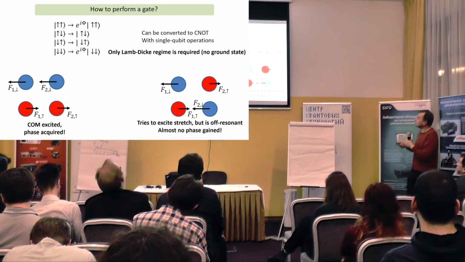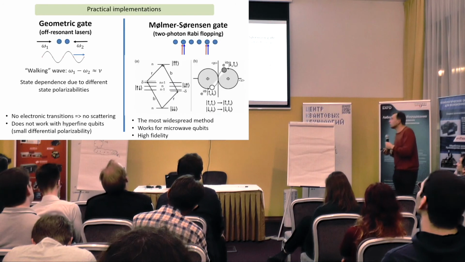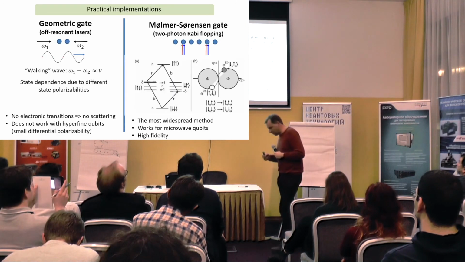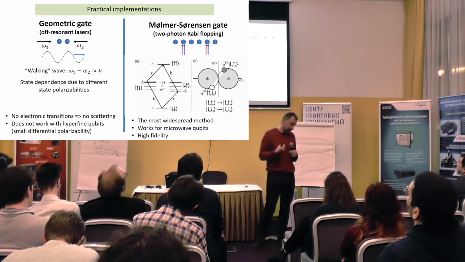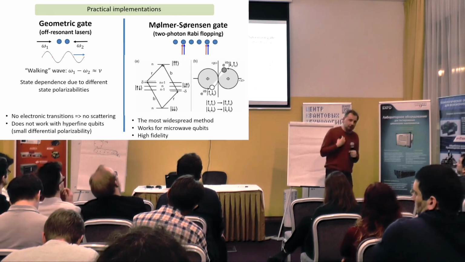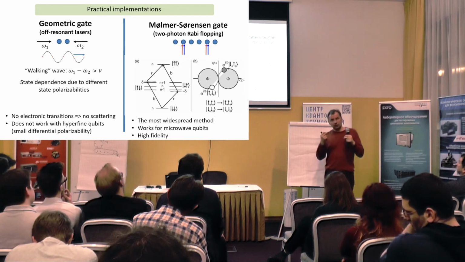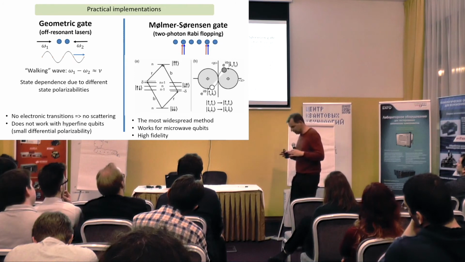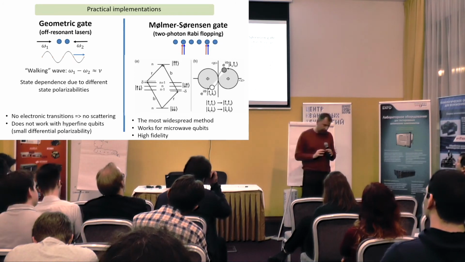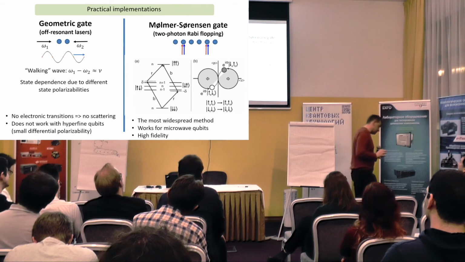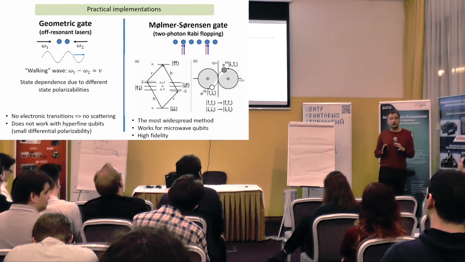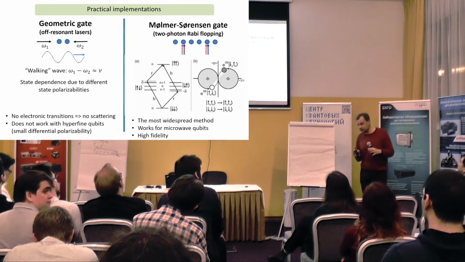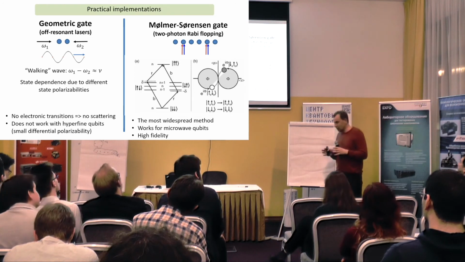So this is a general recipe, and many protocols today work with this ideology. The good thing is that you do not need to cool the system to the ground vibrational state. It's not necessary. You can work with quite hot ions, and it's fast. This gate can be applied much faster than the Cirac-Zoller gate.